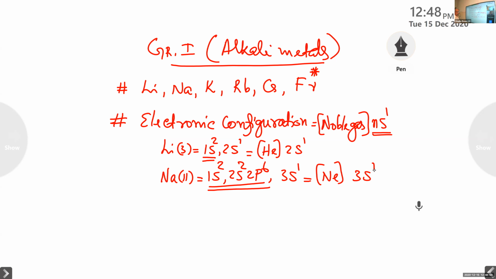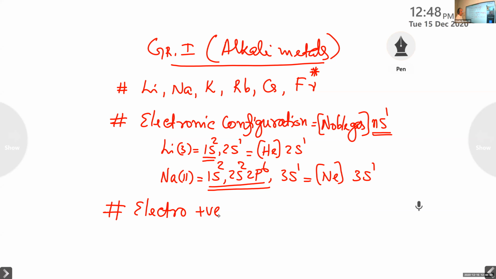Okay. Now let us think of the metallic character of these metals. All these are metals, I told you, alkali metals. And since these are metals, these are highly electropositive. What is meant by electropositivity or metallic character?